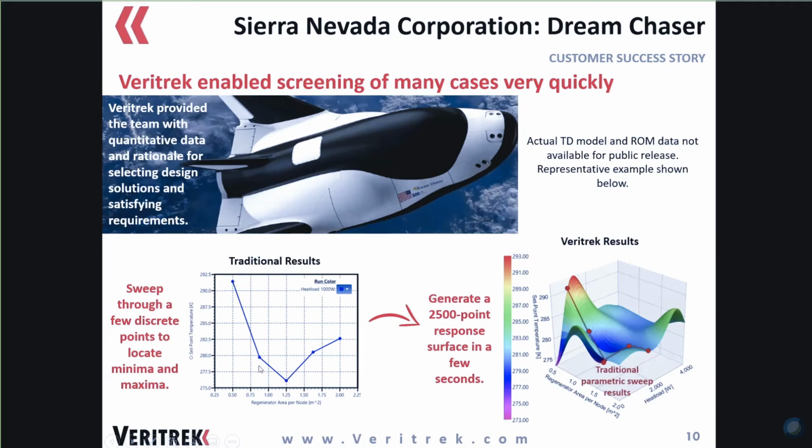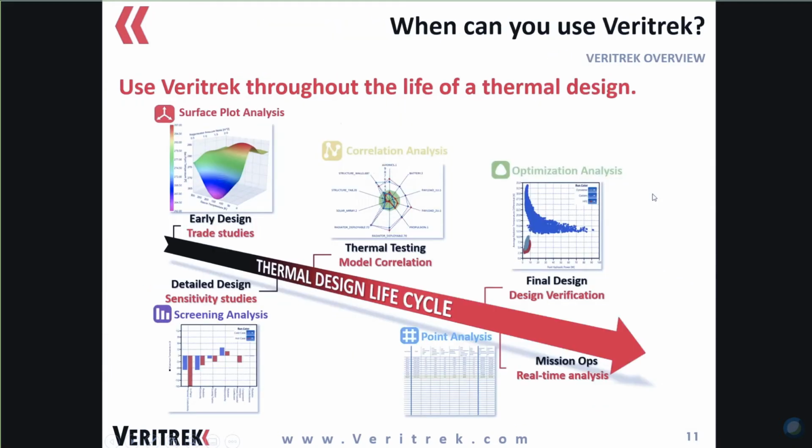So with this response surface plot, we have the same information as this low fidelity parametric sweep plot, but with thousands of points also included, it can really speed up this design verification process, locate the minimums and maximums in the design space very, very quickly, and use that information to focus design efforts on optimizing those areas of the design space.